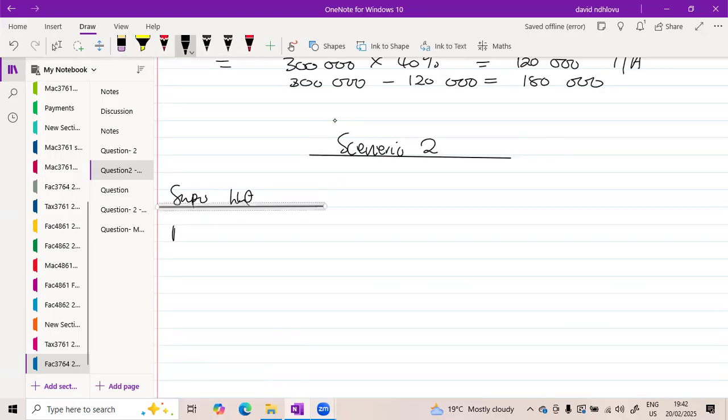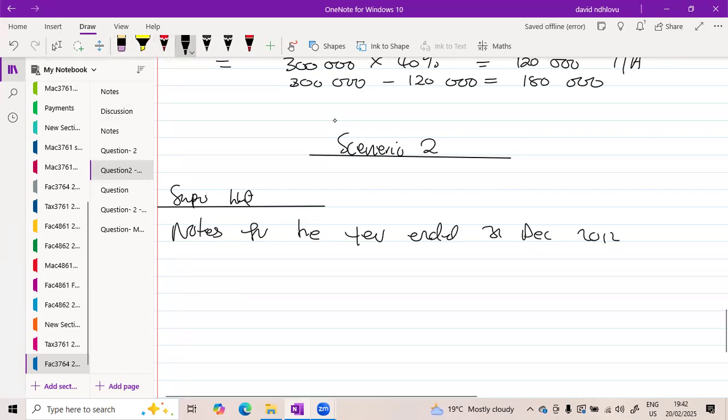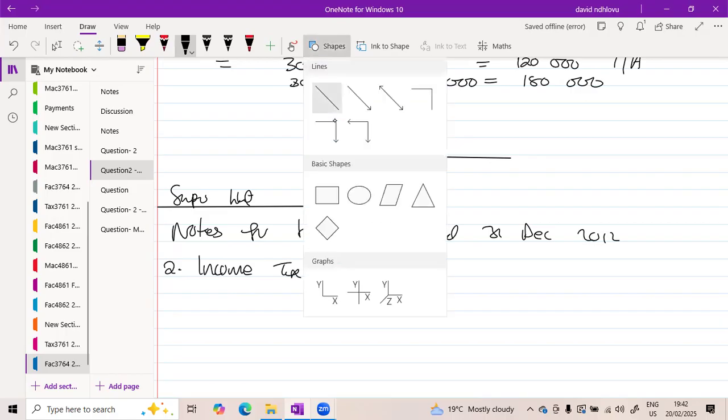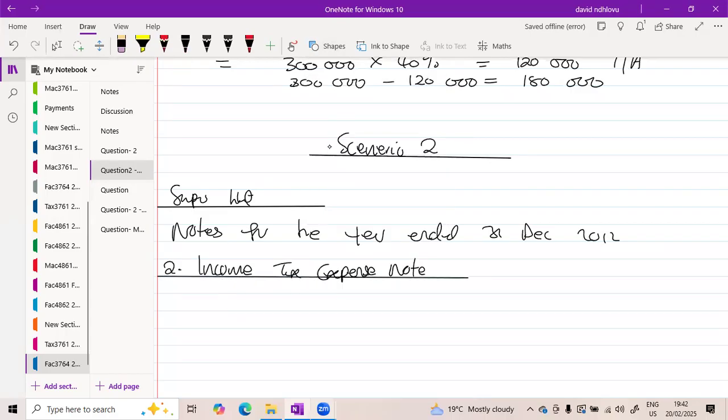Then in my notes, right, for the year ended 31 December of the year 2012. Right, then we can have major components. Okay, sorry. Income tax note, note number 2. Right, income tax expense note. Right, then we have major components.